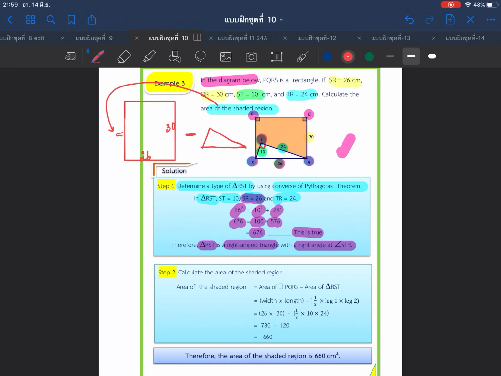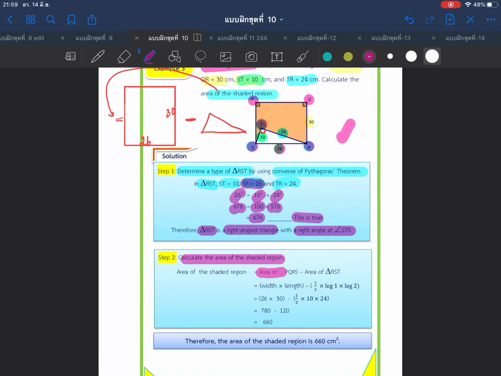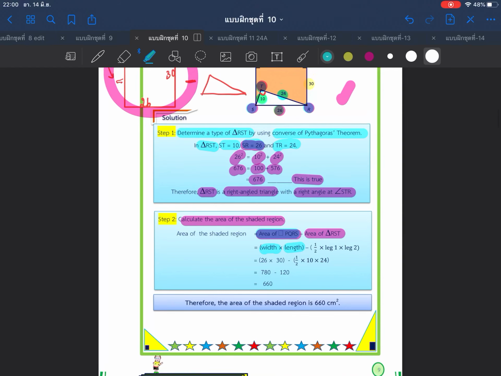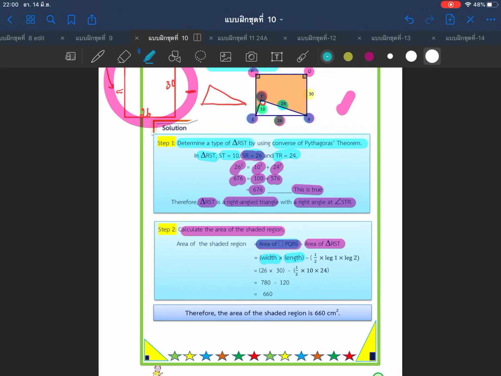Then next step, we calculate the area of the shaded regions by taking the area of rectangle PQRS minus the area of triangle RST. The area of the rectangle is width times length, and the area of the triangle is a half times leg 1 times leg 2.